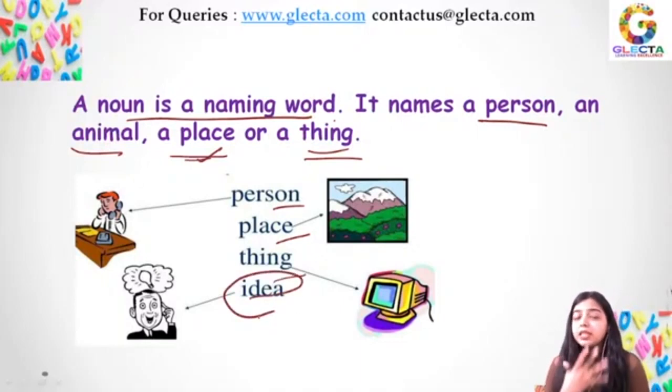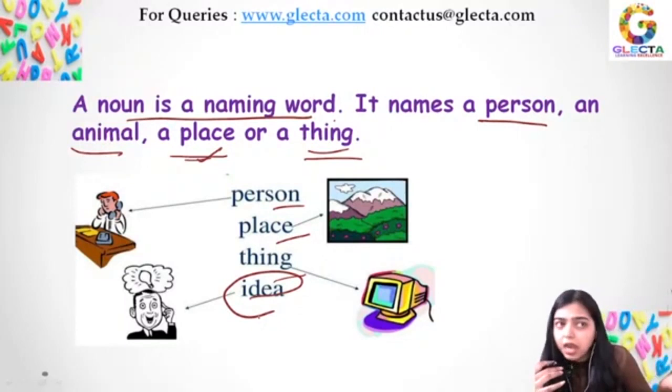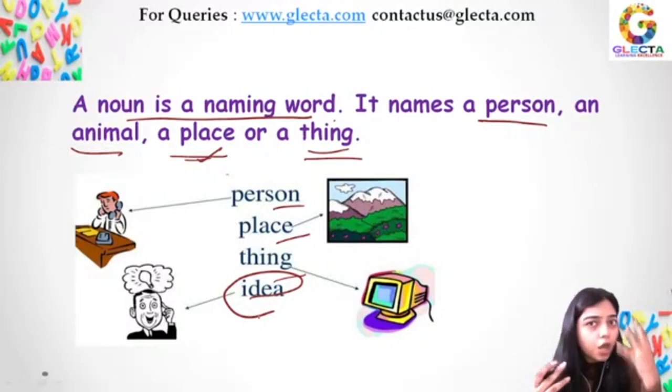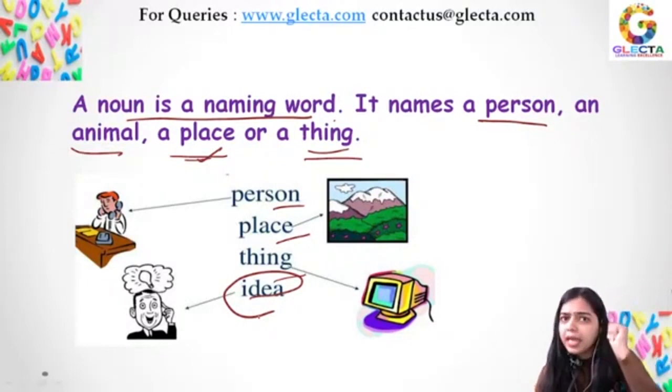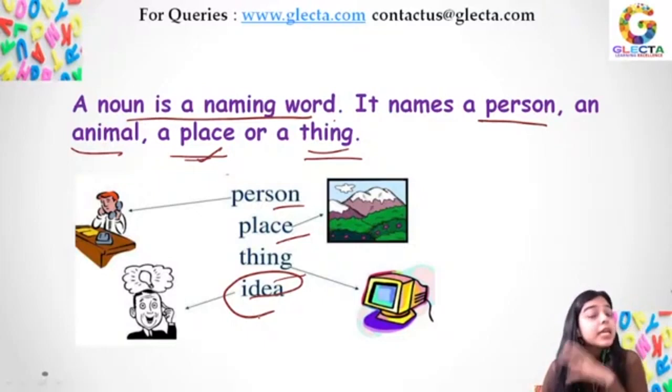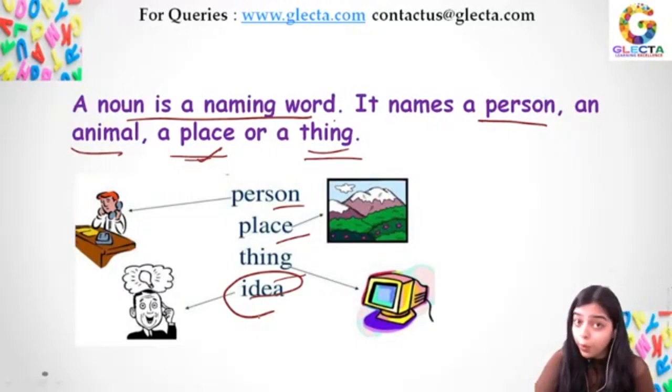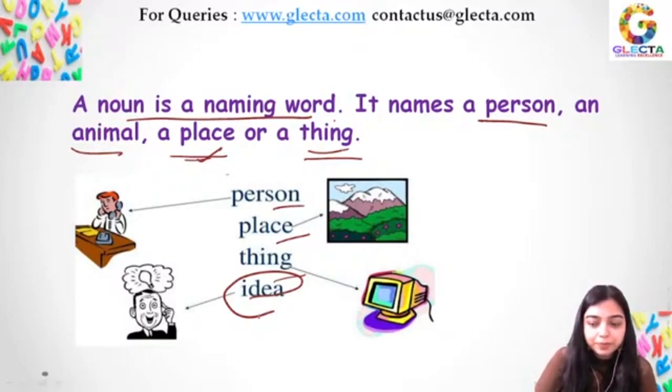But this is something that is very interesting. We cannot see an idea in our immediate environment. We cannot touch an idea just like this pen or my hand, but this is something that is a part of noun. Now you have to stay tuned to know how ideas are a part of nouns. We'll be discussing this in our further videos. Let us move forward to discussing the various types of nouns.